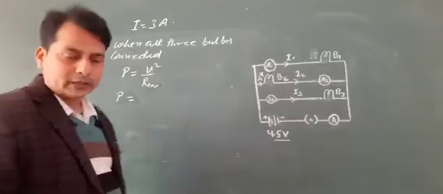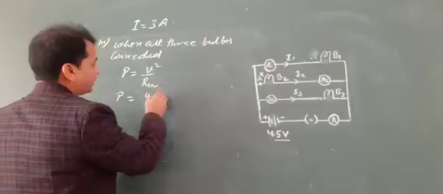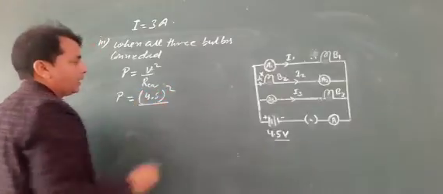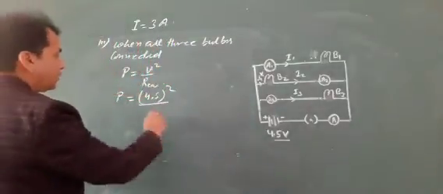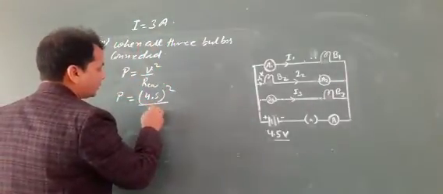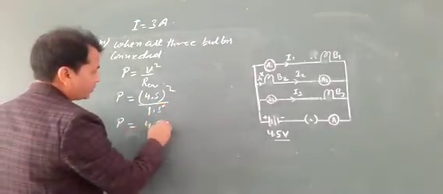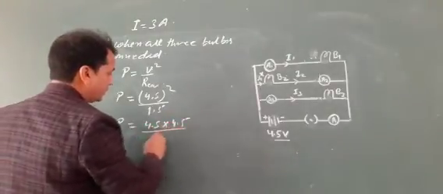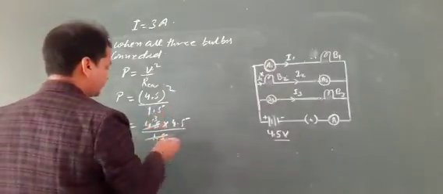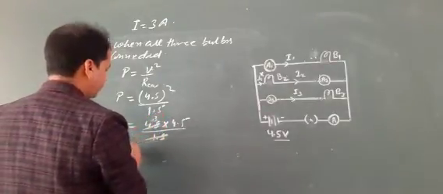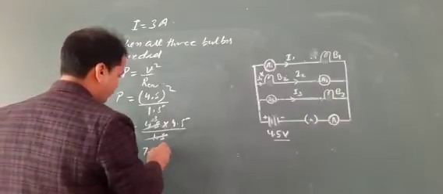The value of the potential difference is given here as 4.5 volt, so 4.5 square by the equivalent resistance, which is 1.5. Then P equal to 4.5 into 4.5 by 1.5.